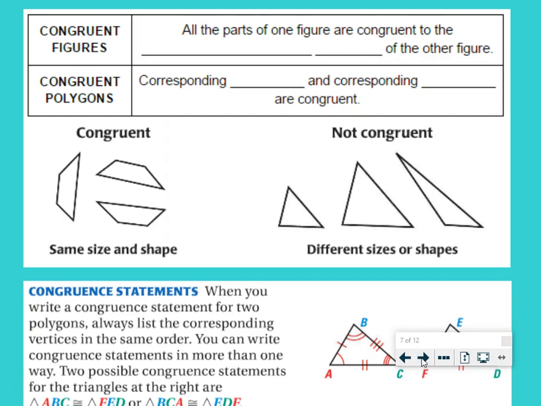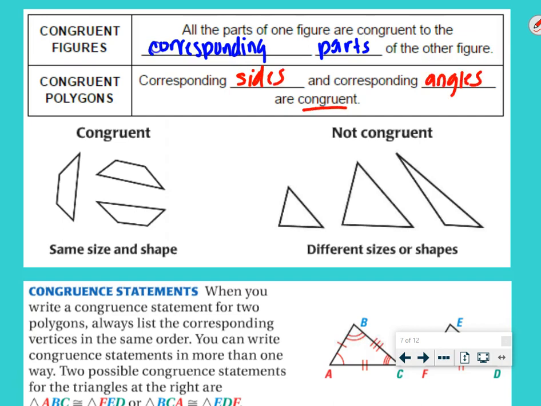Our definition for congruent figures is all parts of one figure are congruent to the corresponding parts of the other figure. So then congruent polygons, to be more specific, corresponding sides and corresponding angles are congruent.